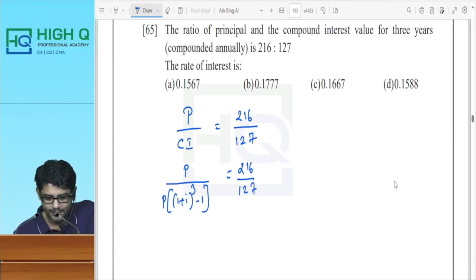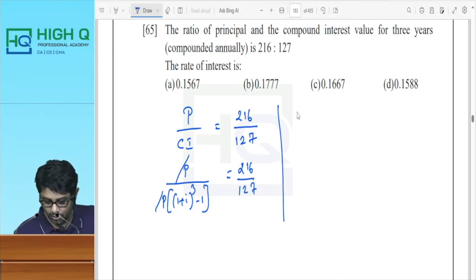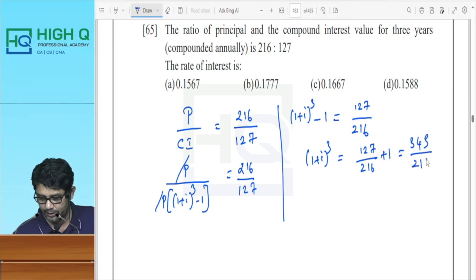P and P get cancelled. So now take the inverse: (1 plus I) whole cube minus 1 is equal to 127 by 216. So (1 plus I) whole cube is equal to 127 by 216 plus 1, which is 343 by 216.